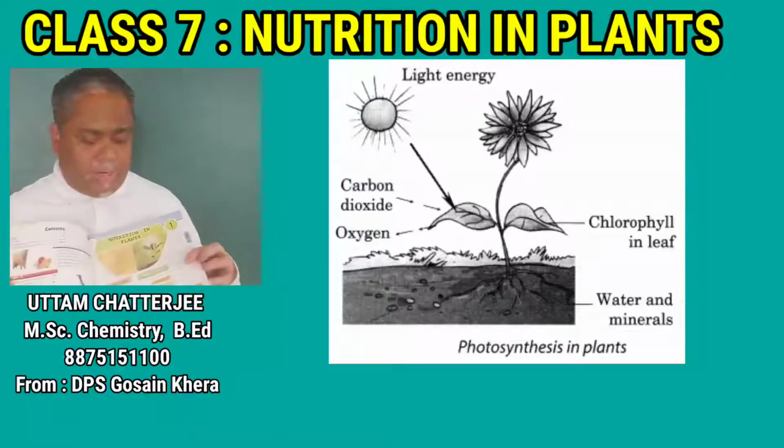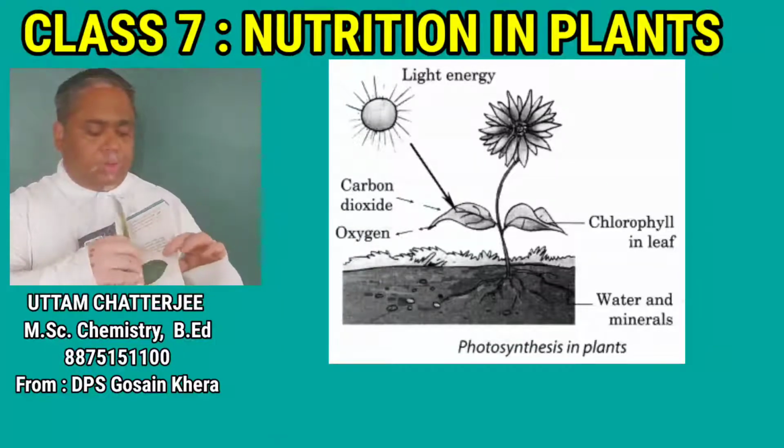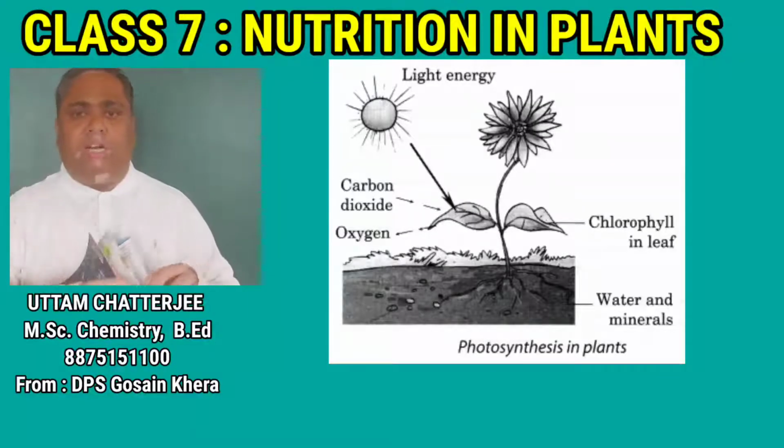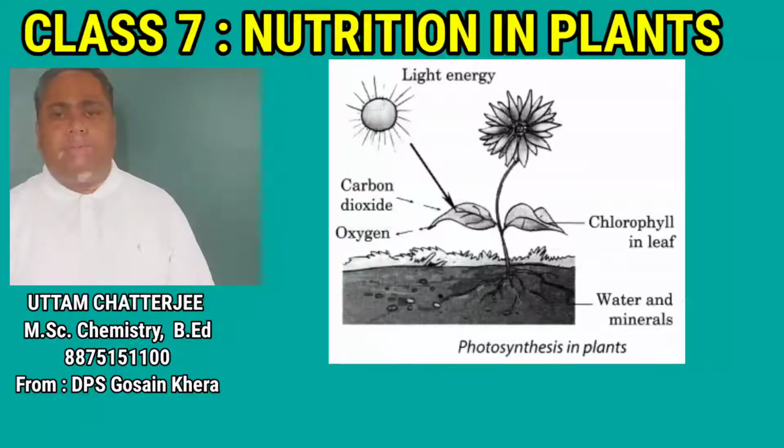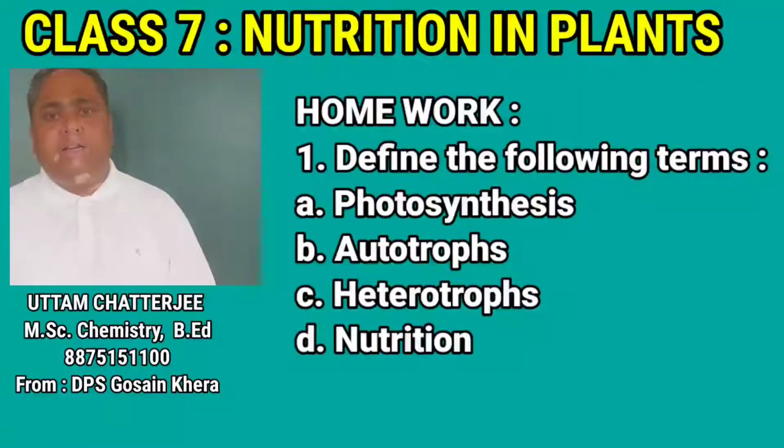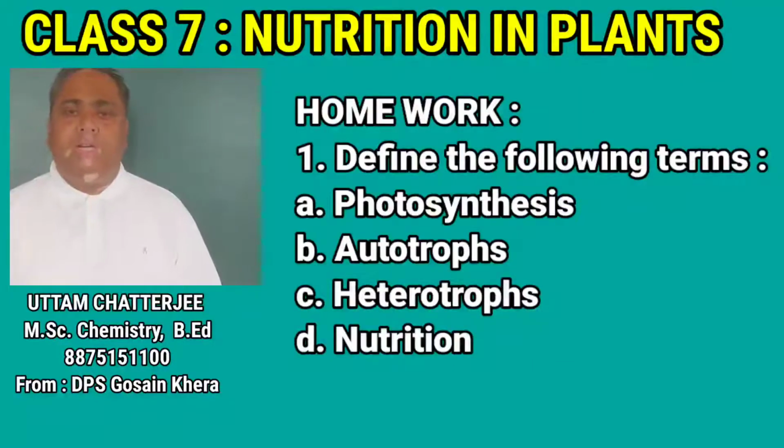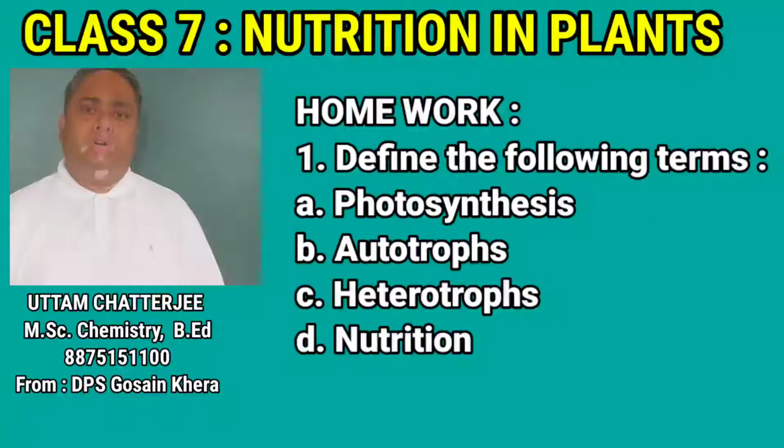Go through page number 1 and page number 2, and you will be able to write down the definition of autotrophs, heterotrophs, photosynthesis and nutrition. We will discuss in detail about autotrophic and heterotrophic mode of nutrition in our subsequent classes.